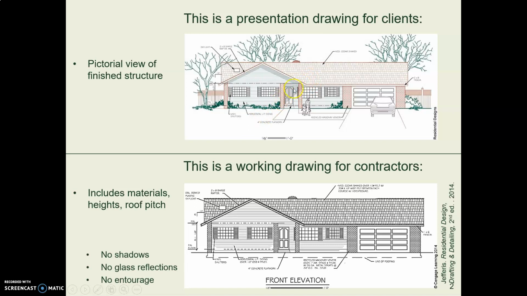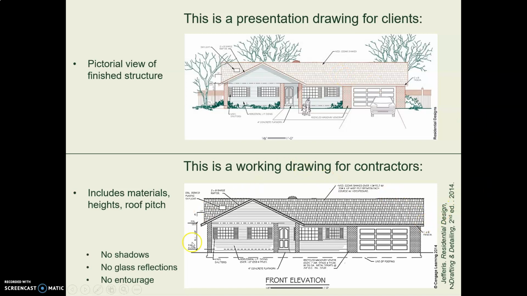You draw shadows to make it look real. Some people put glass reflections. This one doesn't have that, but often they do. And this one has entourage, which means people, cars, landscaping, things that give you some sense of scale and some sense of life. So this is a presentation drawing, but that's not what we're doing.